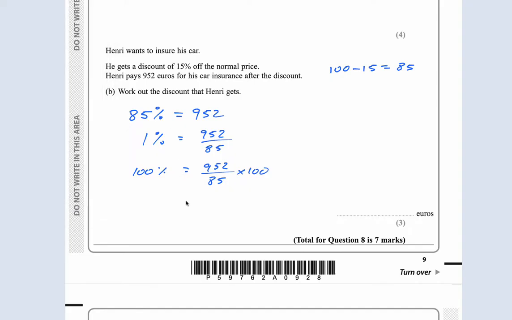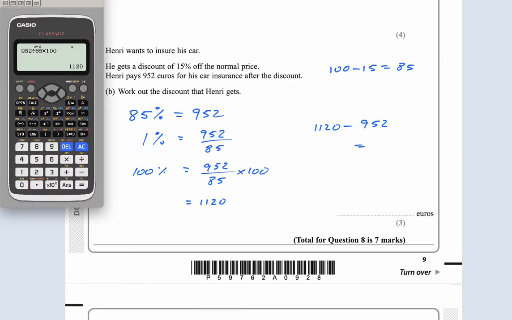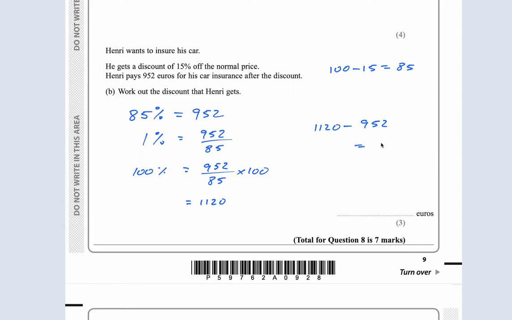So 100% is 1120. So that is how much the car cost originally. The discount he gets is 1120, the original, minus what he paid, which is 952. 1120 minus 952 is 168. So the discount is 168. So just be very careful, guys, what they're asking.